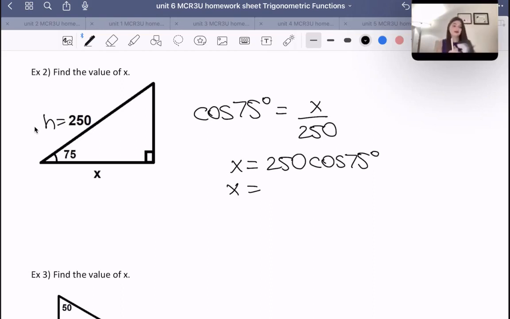And what I'm going to do now is type into my calculator 250 times cosine 75, and I end up with 64.7. I am rounding.